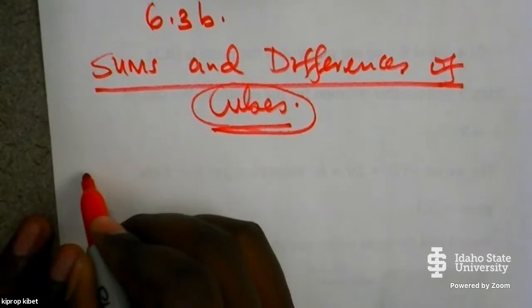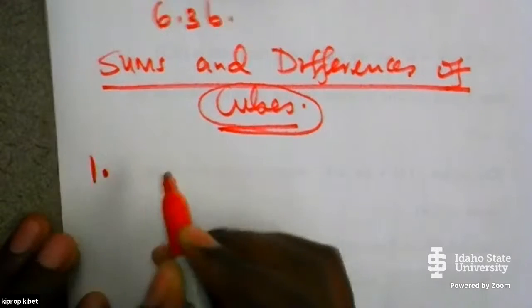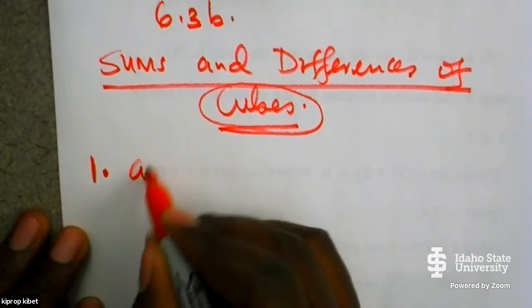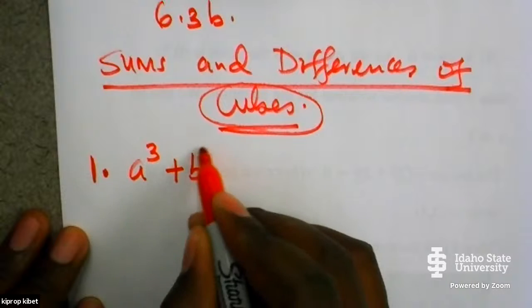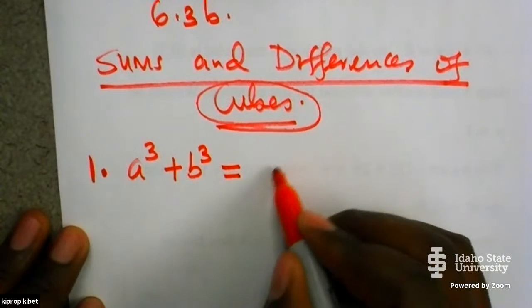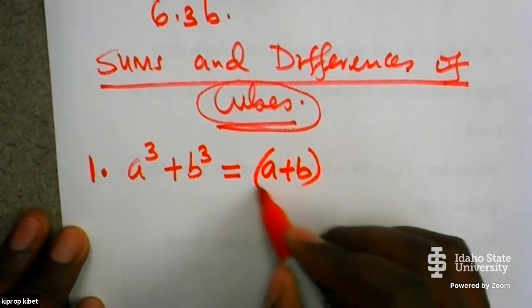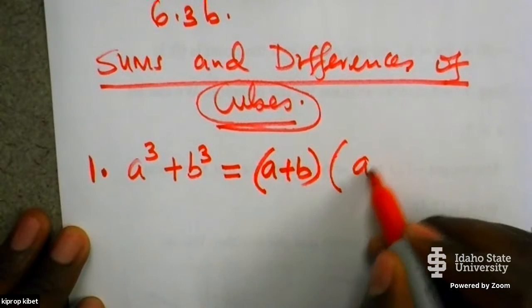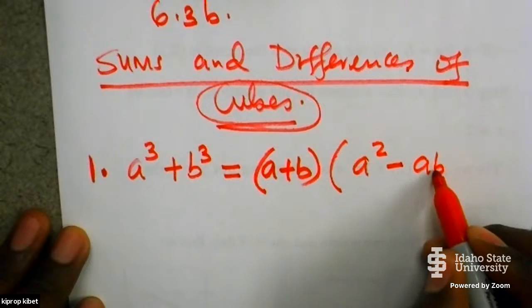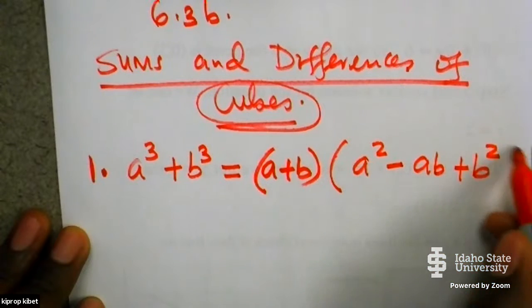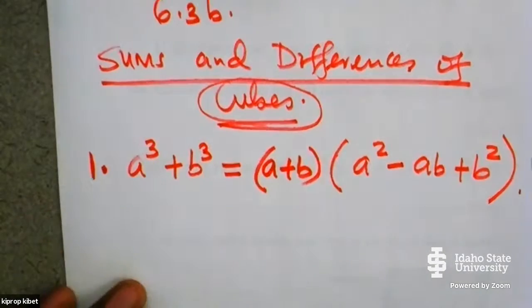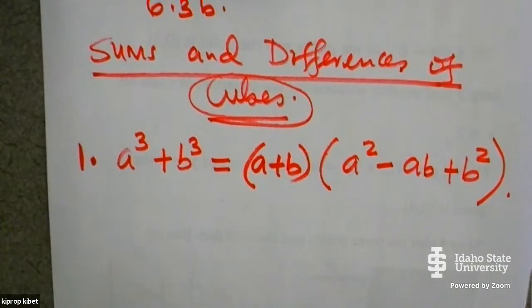number 1, just like the square has a square, a cube plus b cube is similar to a plus b times a squared minus ab plus b squared.